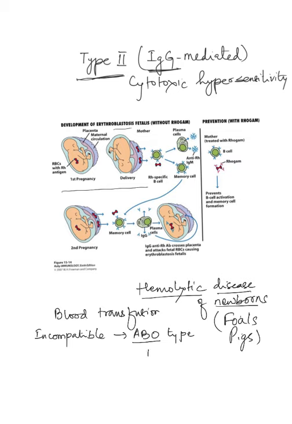Then for example, an individual having blood group A, if injected with blood group B, that individual with blood group A will have antibodies against blood group B, and these antibodies can bind with the RBCs, and they can activate the complement. And in ABO type incompatibility, it is usually the IgM isohemagglutinin that goes and binds with the RBCs.